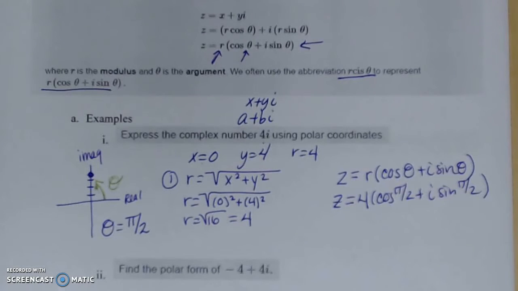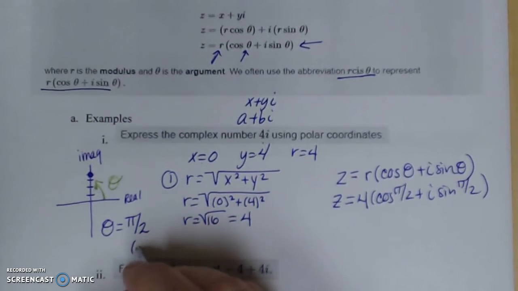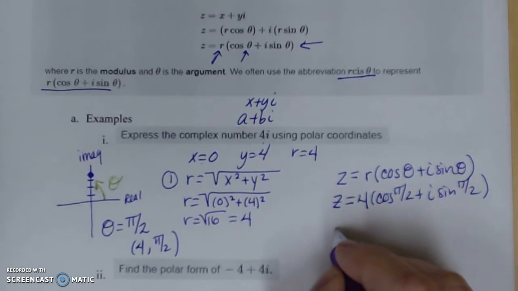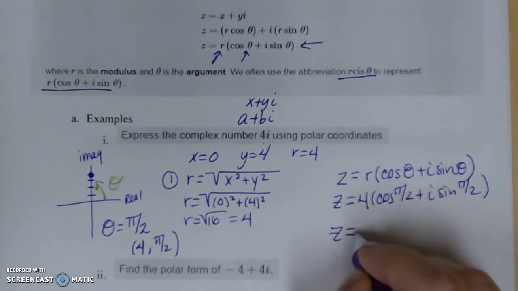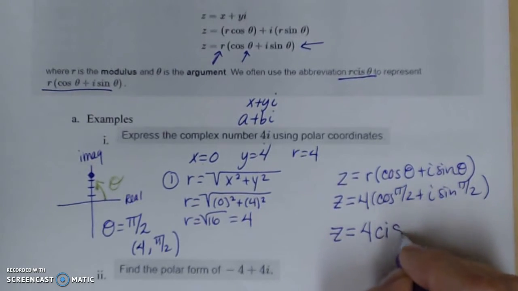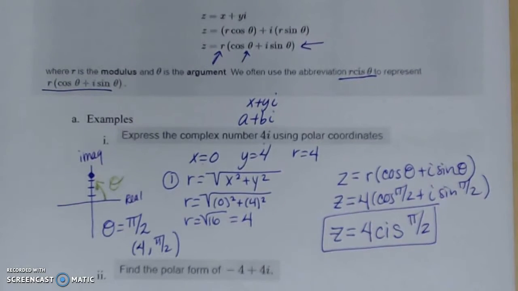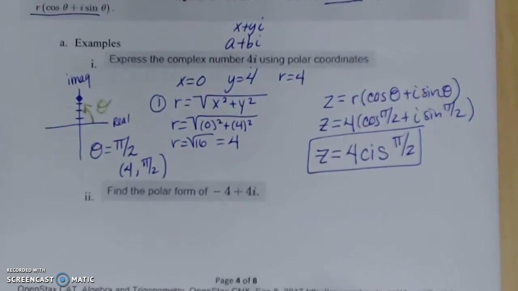Since pi over 2 is on my unit circle, I could do a little bit more if I like, but just to finish this out and write my coordinate, it would be 4 comma pi over 2 as my polar coordinate, or we could write it as z is equal to 4 cis pi over 2. And so you can see most of your work goes into finding your r and finding your theta, and then it's a matter of plugging in from there.